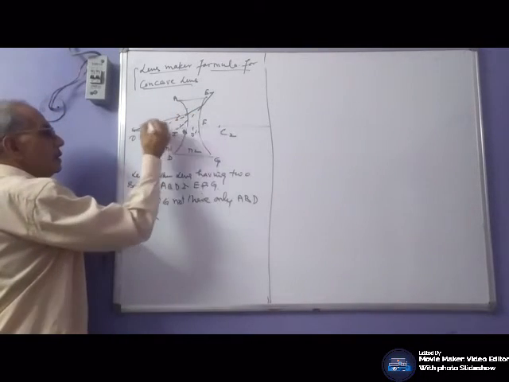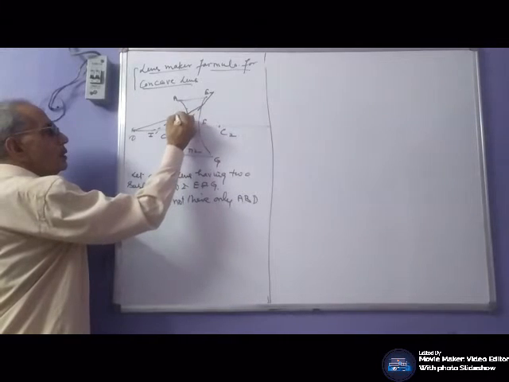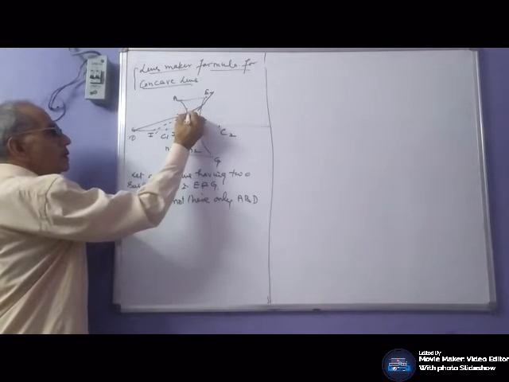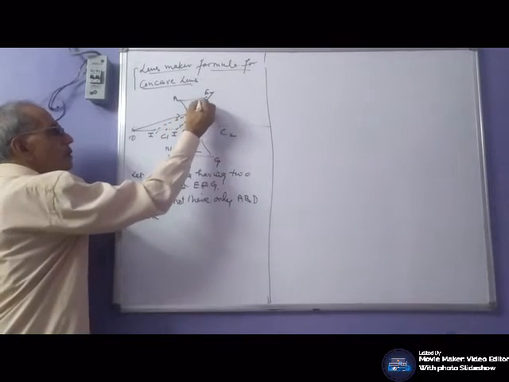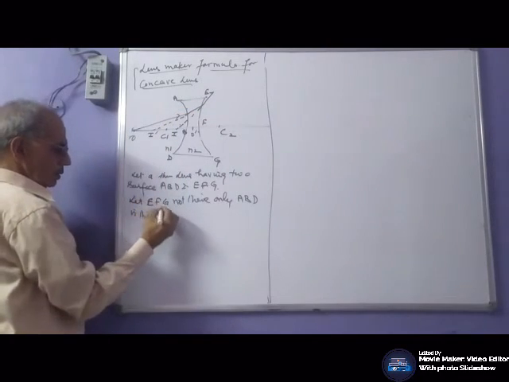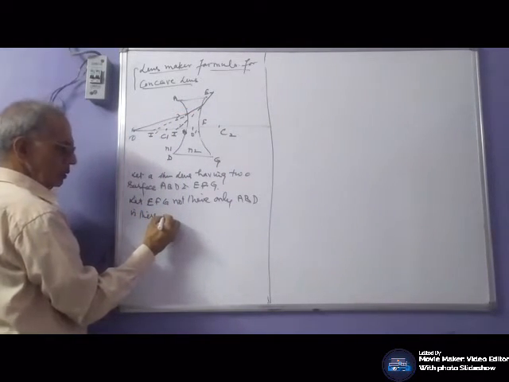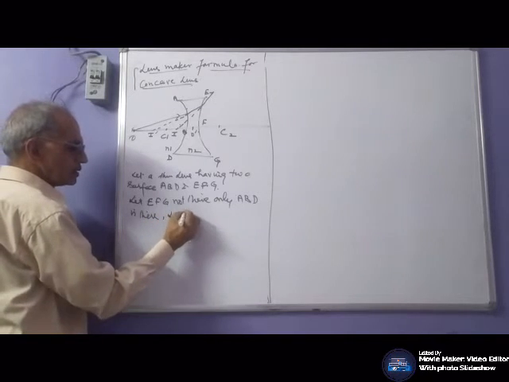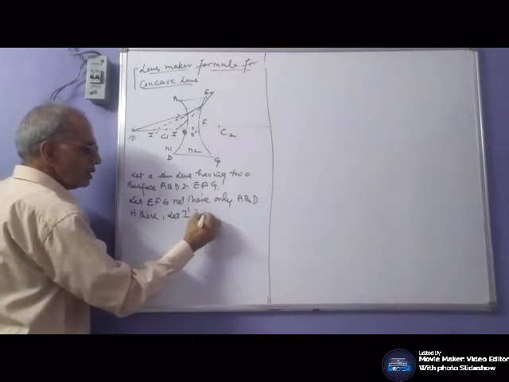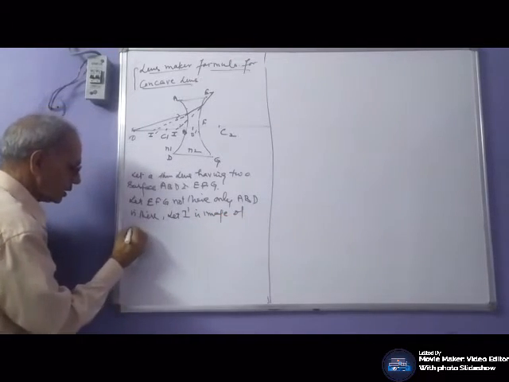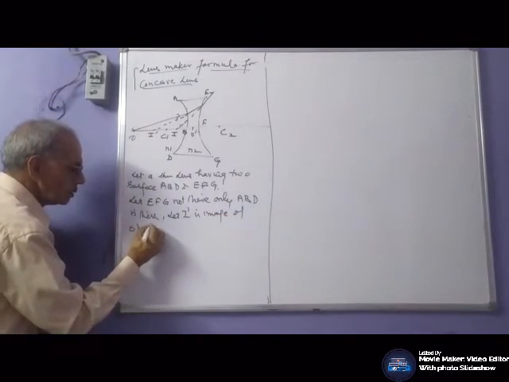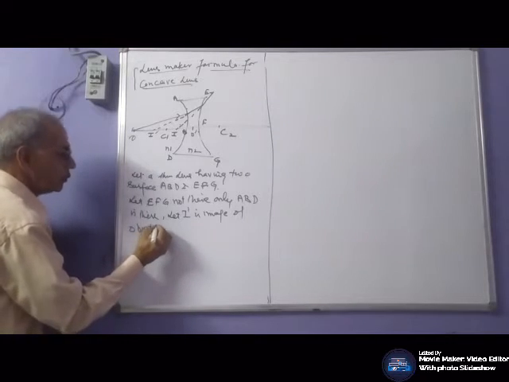Then the incident ray bends towards the normal. Let I dash be the image of object O.